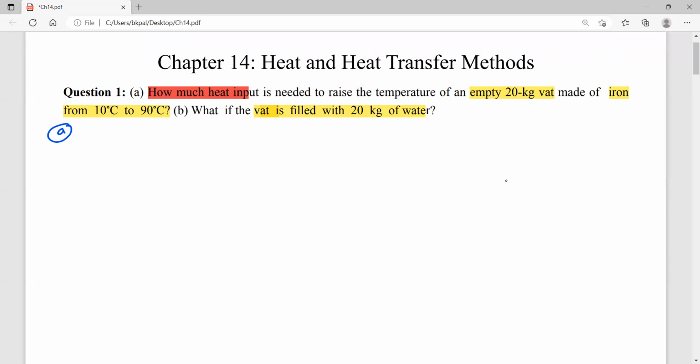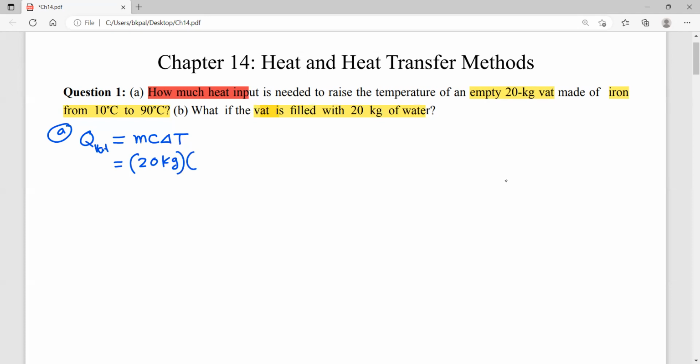So Q vat. Now we know that the definition is mc delta T, right? Here m is the mass of the vat, that is 20 kilogram. And c, it's made of iron, right?